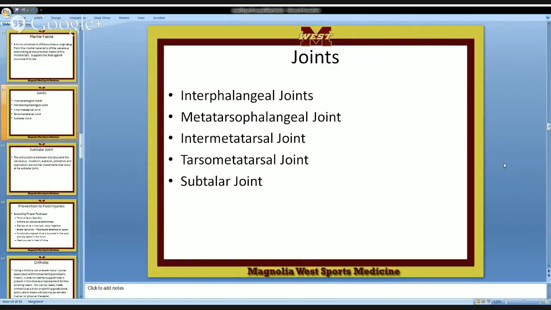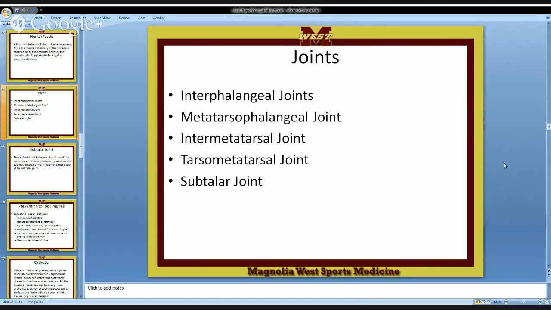Intermetatarsal joints. All right. Now look at that first one. It's interphalangeal. Now how are you going to have intermetatarsal? It's connecting what to what? Metatarsals to metatarsals. Exactly.